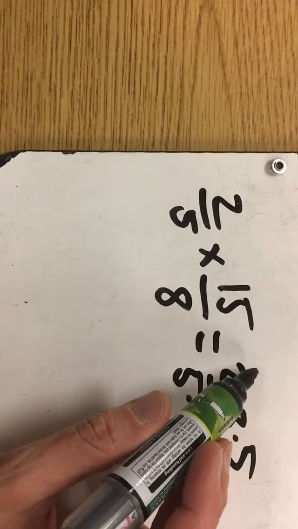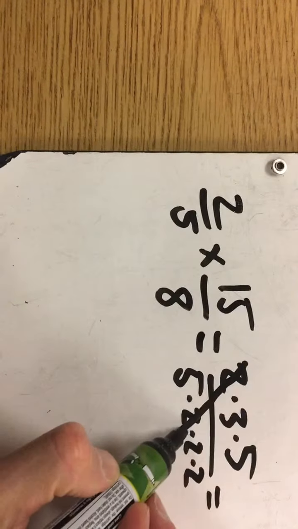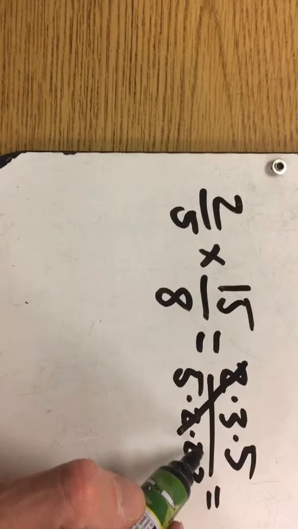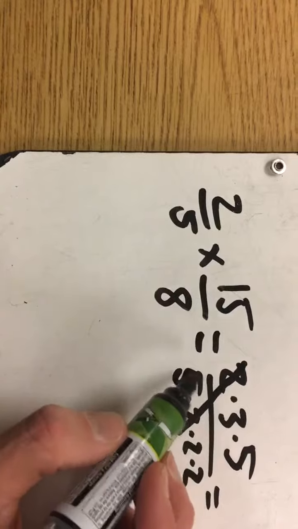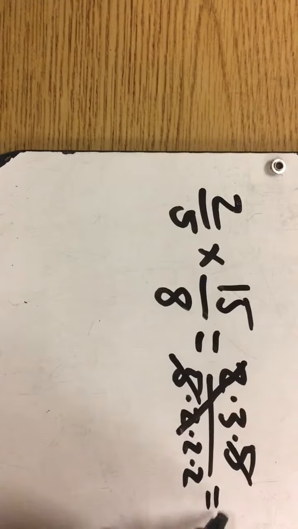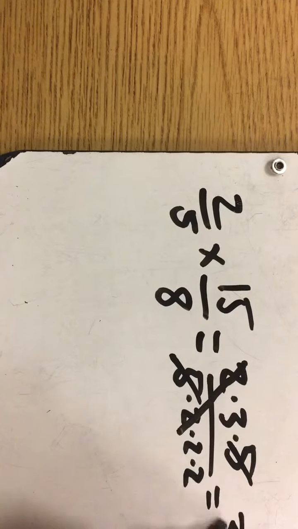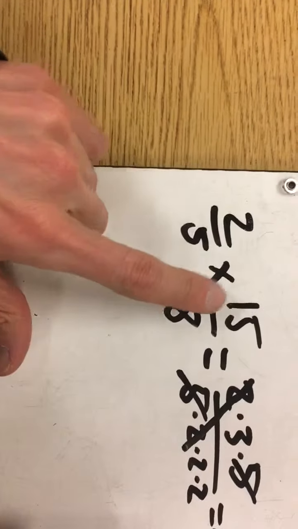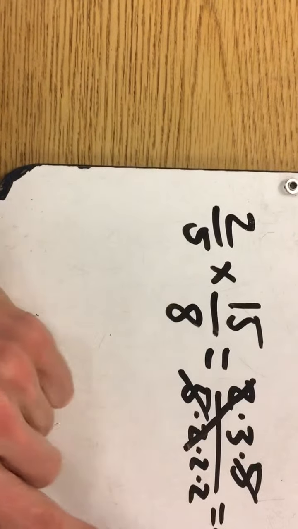So here, there's a 2 on the top and a 2 on the bottom. So those will cancel out. Notice they just cancel out one. This 2 doesn't cancel out more than one 2. Same thing with the 5's. The 5 down below cancels the 5 above. And what do we have left? On the top, there's only a 3. And on the bottom, there's a 2 times 2, which is a 4. So we realize that 2/5 times 15/8 gets us to 3/4.